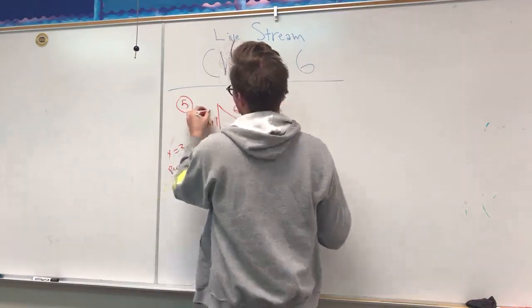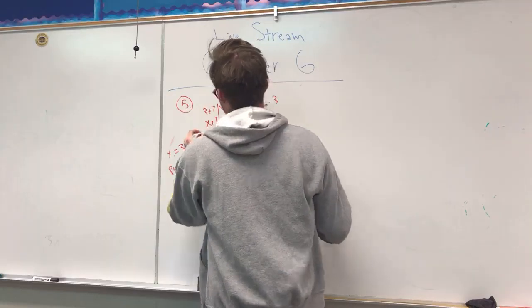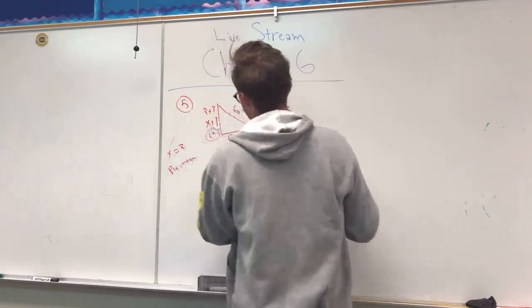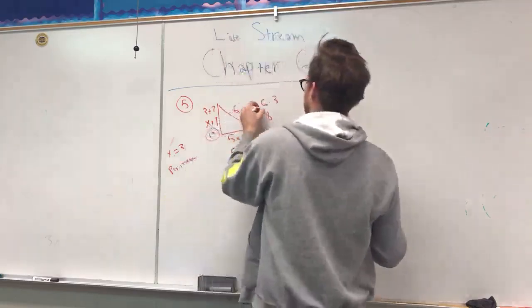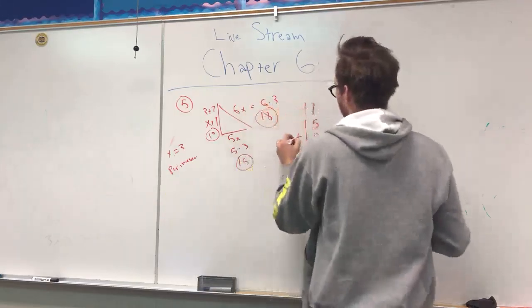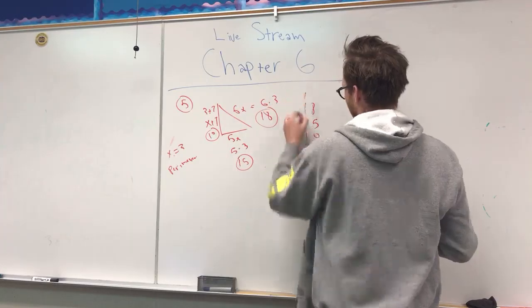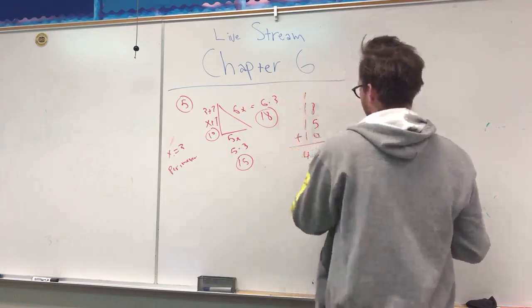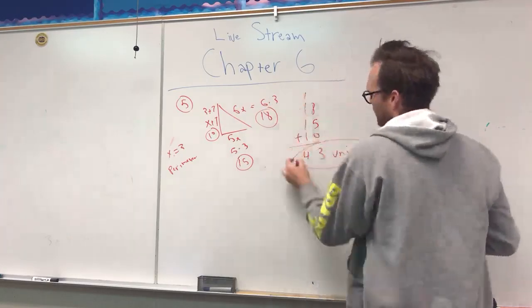This would be 3 plus 3, which is 6. So 18, 15, 10, add that up. 43 units long.